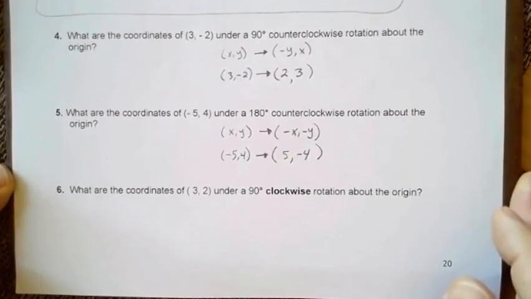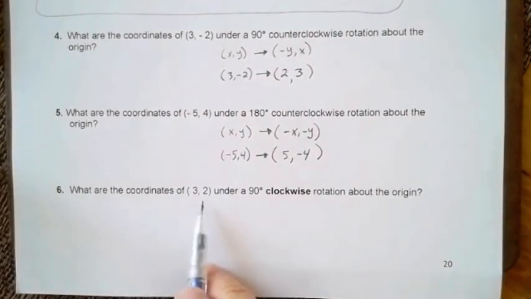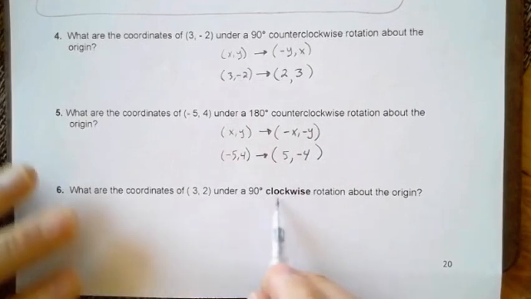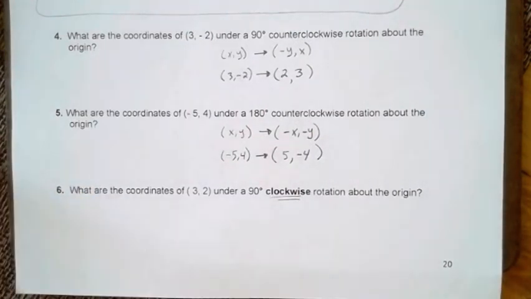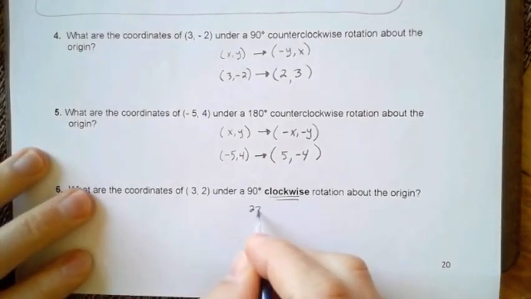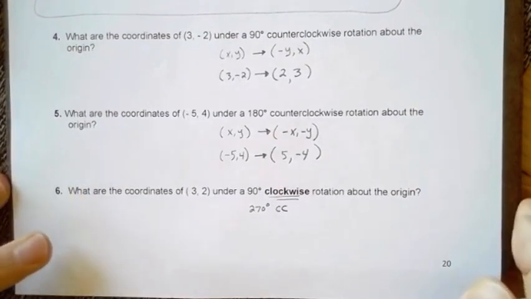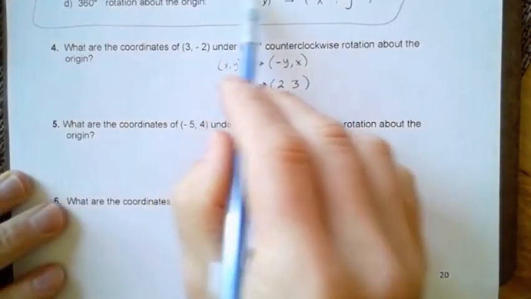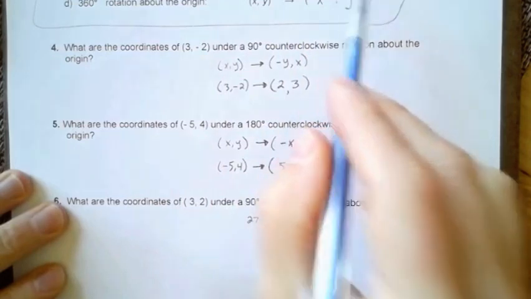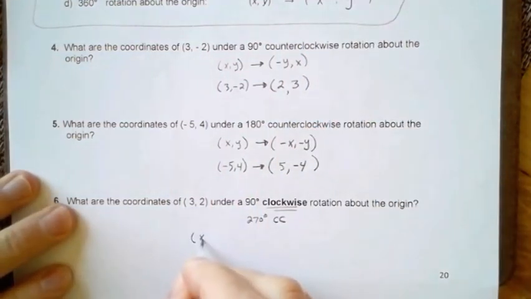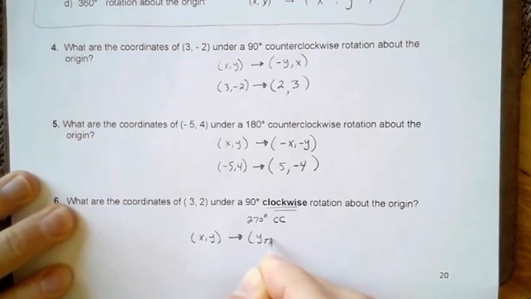Number 6, what are the coordinates of 3, 2 under a 90 degree clockwise rotation? Well, 90 degree clockwise is the same as 270 degrees counterclockwise, and that's this rule right here. XY maps to Y, -X. Again, negative meaning the opposite here.